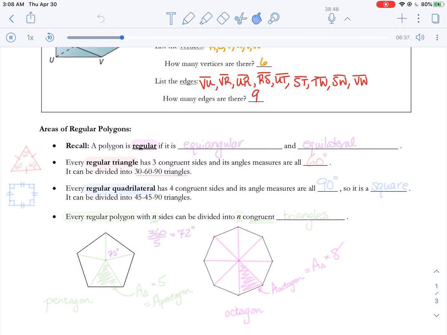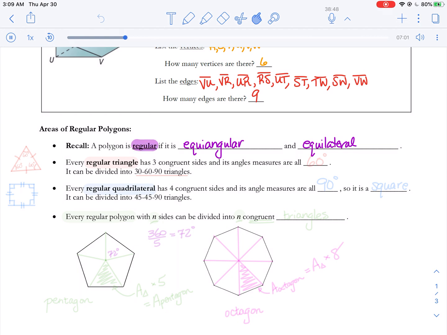To be regular, it has to be equiangular. What was the second part? Yes, good. Regular is how you describe a polygon that's both equiangular and equilateral. So that vocab word is regular. Again, that's not something new, but we haven't used it much lately, so you might have forgotten what that meant.